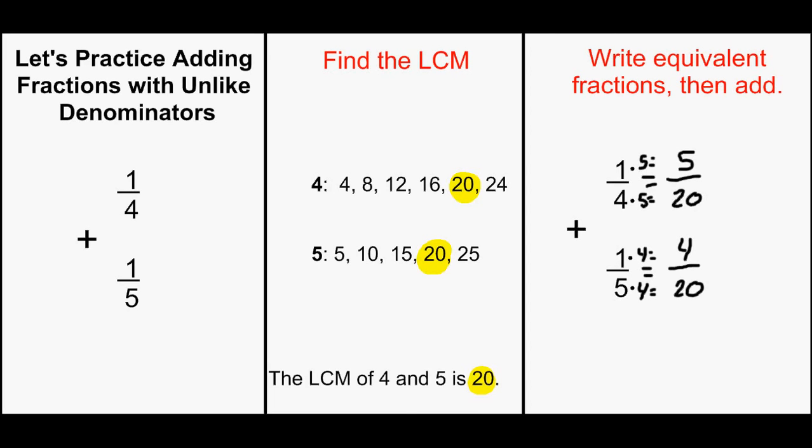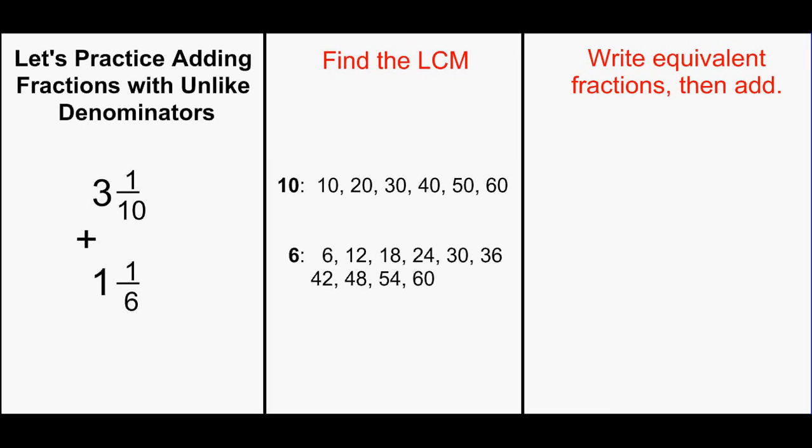Now that we have written equivalent fractions with the same denominator, we'll add our numerators. 5 plus 4 is 9, and use our common denominator, 20. Our answer, 9/20.